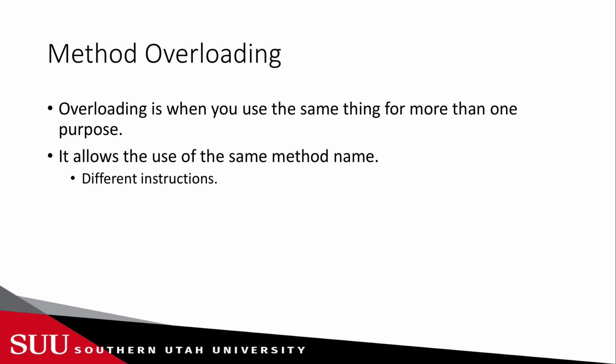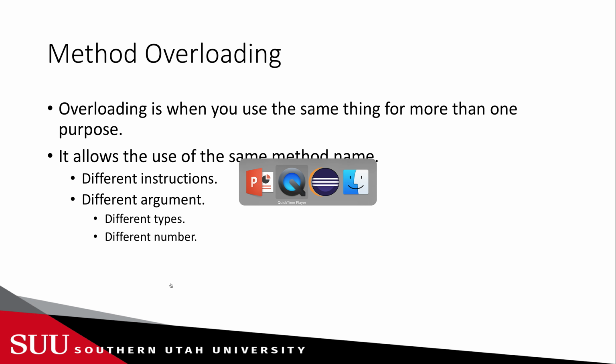We can also have different instructions based on whatever arguments we give. Different arguments means we either have different types or even a different number of arguments. Let's see an example of method overloading.